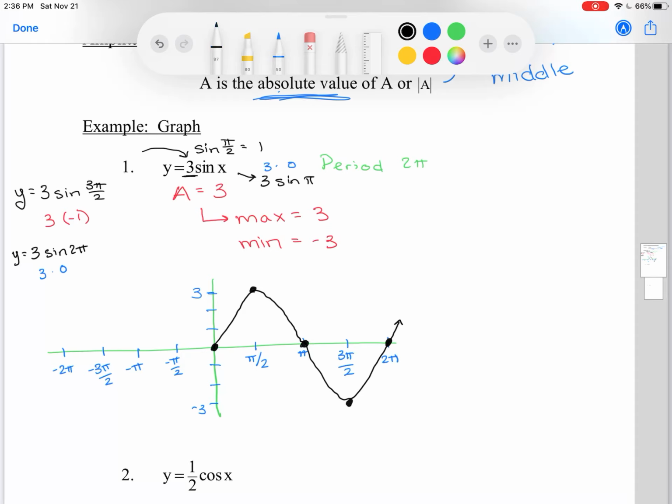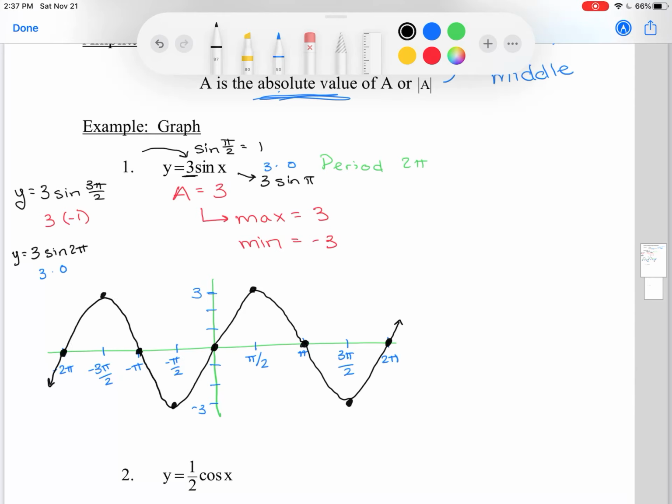If I wanted to graph 2 periods, I would do it on the left-hand side. So that means I want to go backwards. I'm going to go back -pi/2, back -pi, back -3pi/2, and back -2pi. Well, if I know what it has to look like on the right side, I can mimic the exact same thing on the left side.